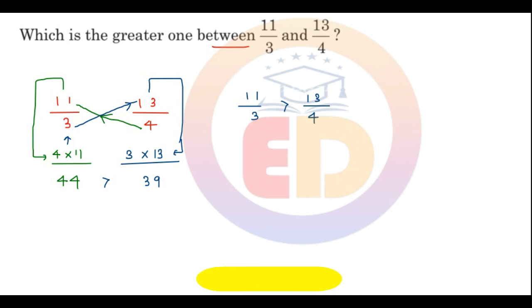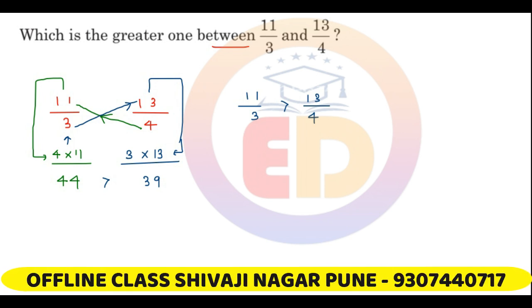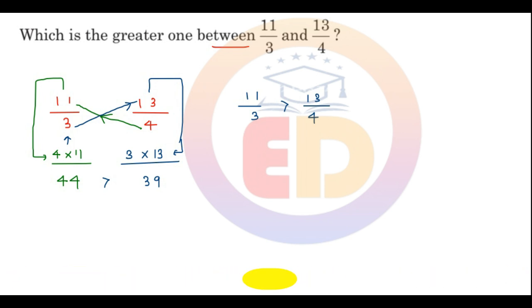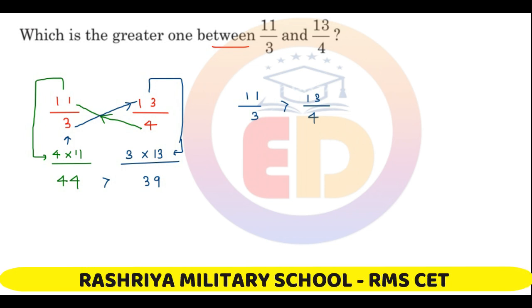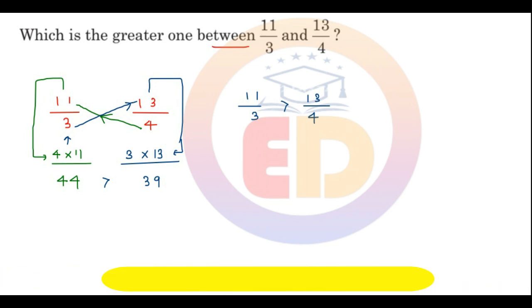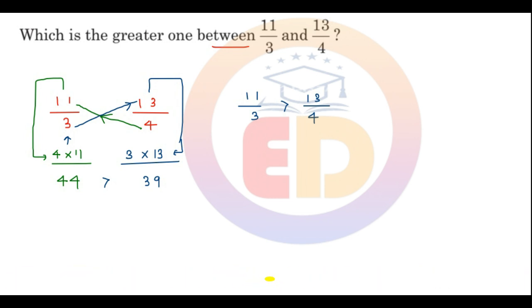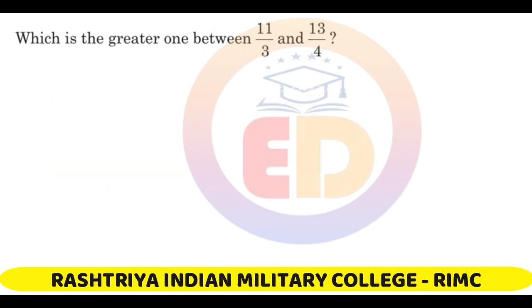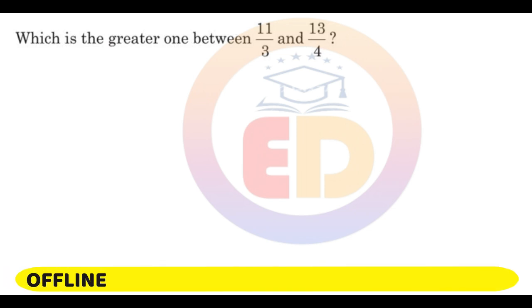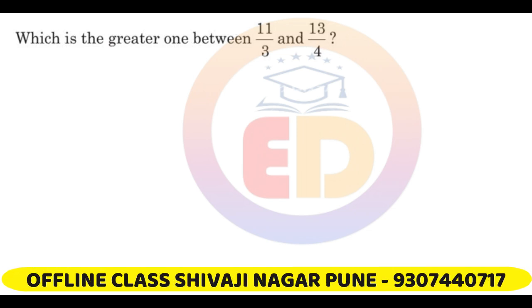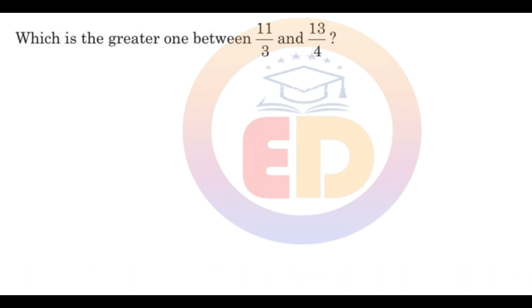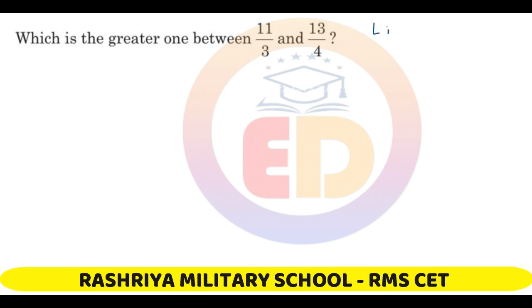This method will be the best method when you have to compare two fractions. However, if there are more than two fractions, then this method will not help you. In that case, what we can do, which is applicable for two fractions or more than two fractions, is converting the fractions into like fractions.